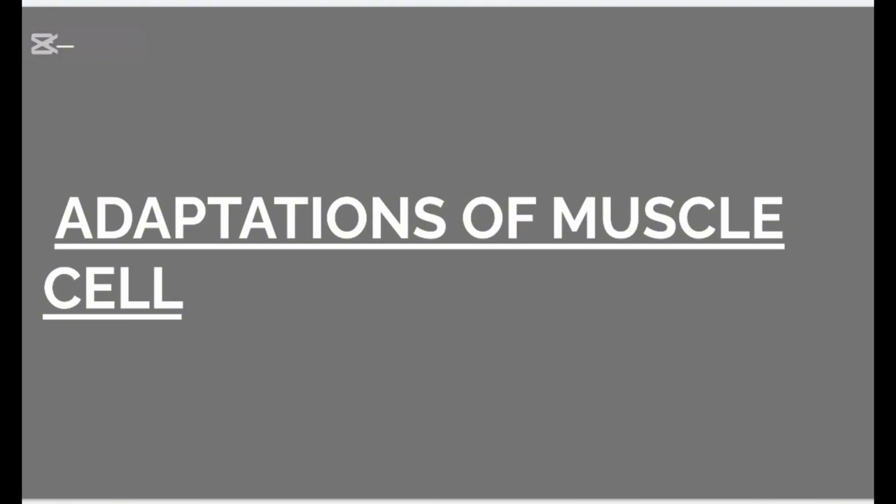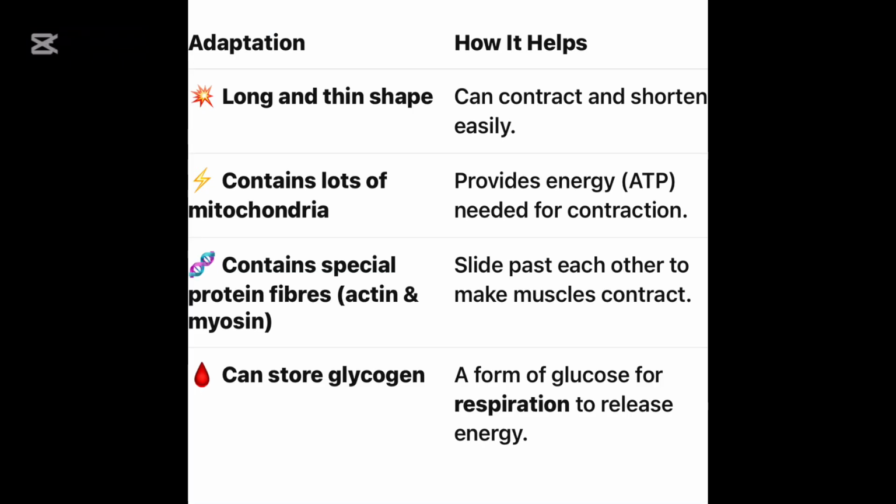adaptations of muscle cells. Firstly, let's talk about the long and thin shape. This helps them contract and shorten easily. After that, let's talk about the large amount of mitochondria they contain. These mitochondria help to provide energy in the form of ATP, the full meaning being adenosine triphosphate, which is needed for contraction.